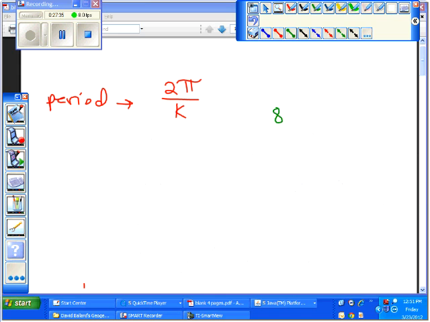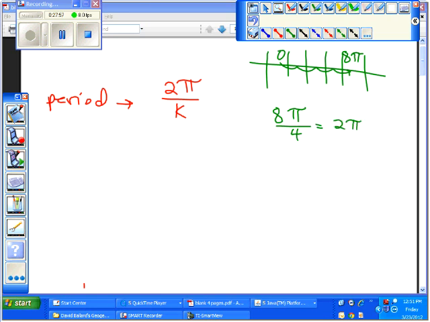We said if the entire period is 8 pi, and we were going to build a table, we would have 1, 2, 3, 4, 5 entries, with 4 gaps. So we want to go from 0 to 8 pi. I need 4 jumps, so I divide by 4, which means each jump needs to be 2 pi.